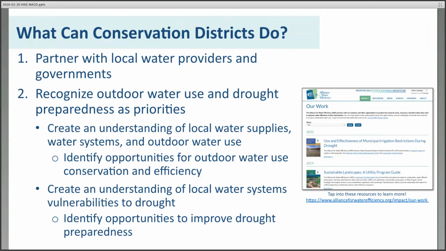So what can conservation districts do related to what I just talked about for 40 minutes? First and foremost, make local water providers and governments a partner. Recognize that outdoor water use and drought preparedness are priorities. And then create an understanding of local situations.